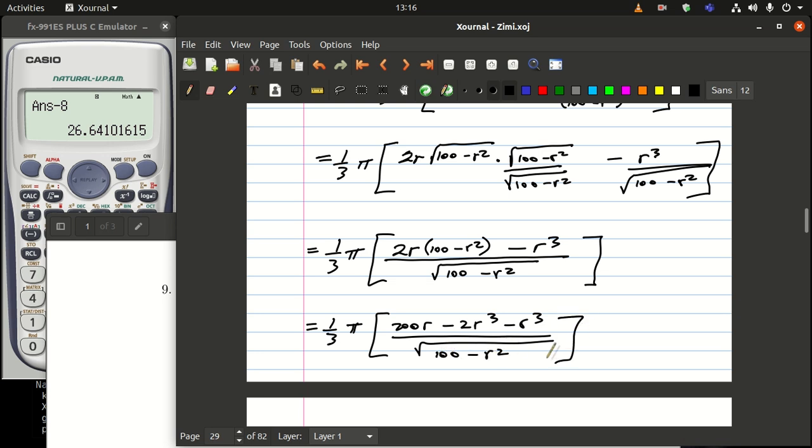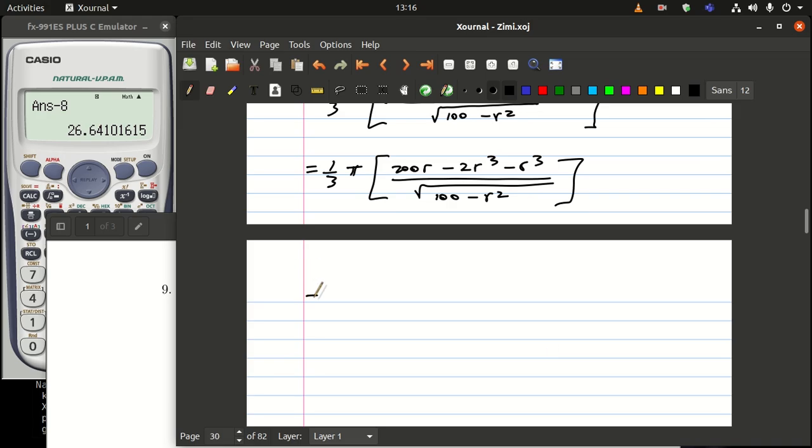If you look carefully, you will end up having 1 over 3 pi, and then inside 200r minus 3r cubed all over the square root of 100 minus r squared.